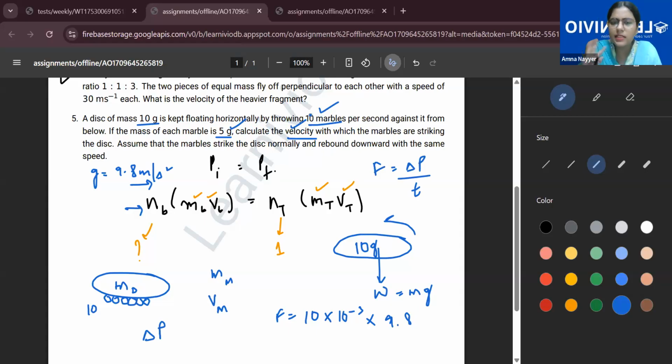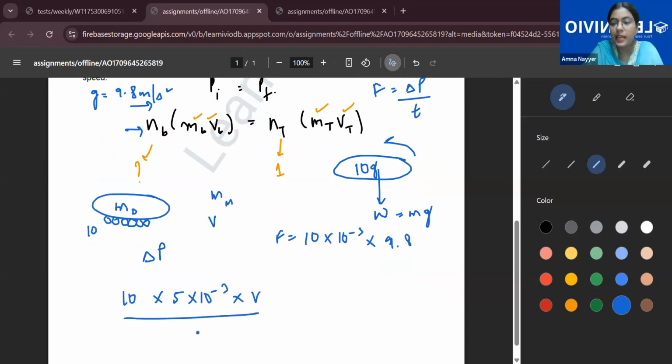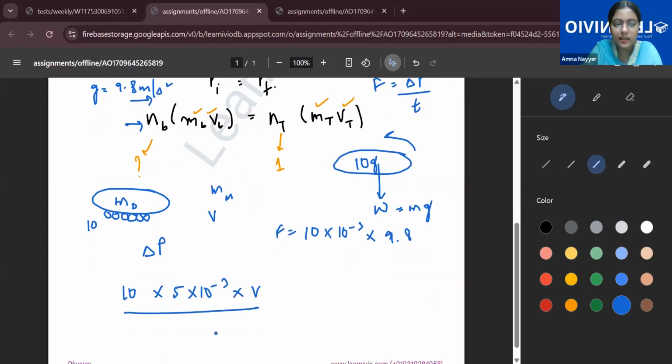Only one velocity is needed because that is only what we need to calculate. So the number of marbles, 10, into the mass of each marble, 5 into 10 to the power minus 3, into some velocity which we don't know, divided by the time. Now see, it said per second, meaning in 1 second, so divided by 1.